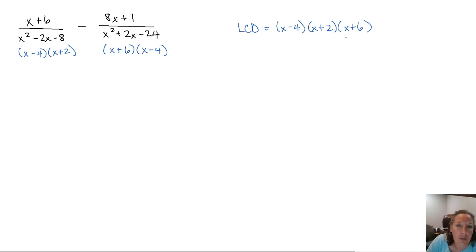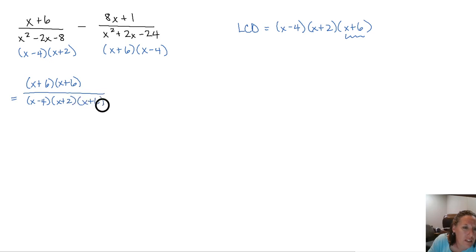This first fraction, we're missing that x plus 6, so we're going to multiply our numerator by x plus 6, and we're going to multiply our denominator by x plus 6. For our second fraction, we've got the x plus 6 and the x minus 4, but we don't have that x plus 2, so we're going to multiply.